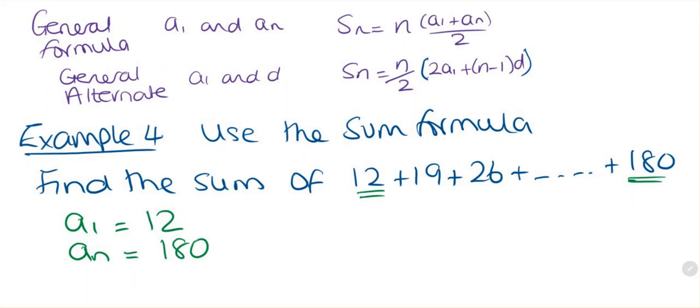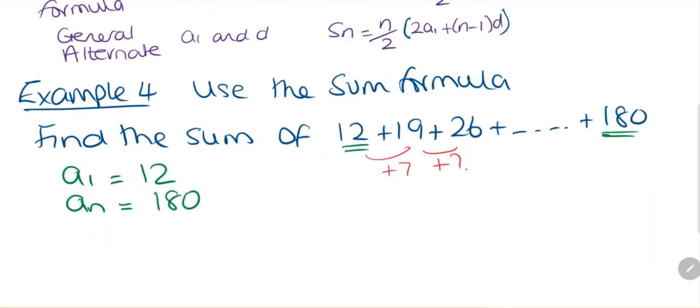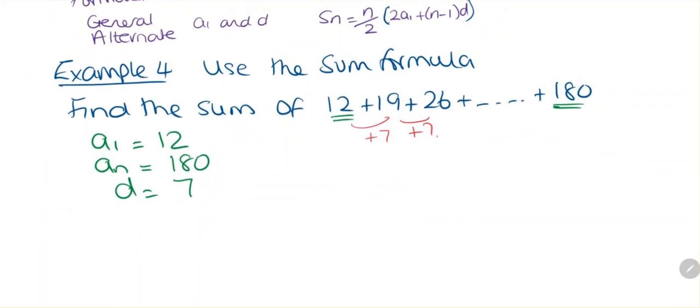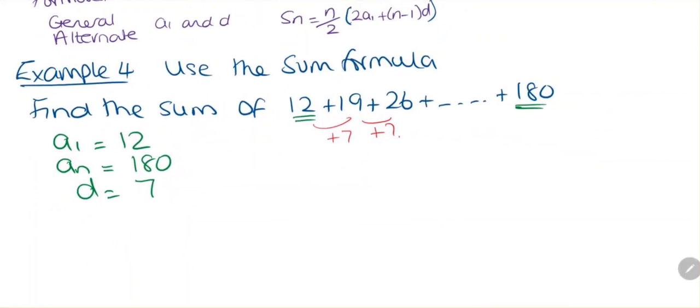Now the common difference we're not told, but we can work that out. 12 to 19 is plus 7, and 19 to 26 is plus 7. So our common difference is 7, and we have enough information to use our formula.